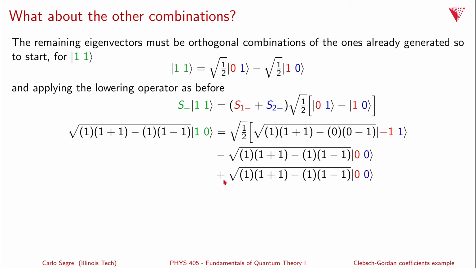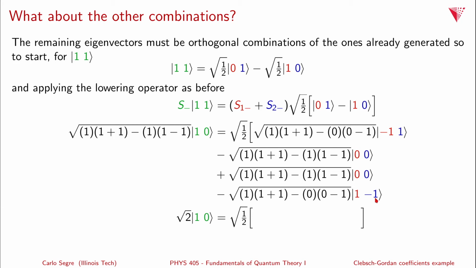Then you get plus square root of 1 times 1 plus 1 minus 1 times 1 minus 1, state 0, 0 again, and now you have plus and minus in these two. And then you get a final state where you have minus square root of 1 times 1 plus 1 minus 0 times 0 minus 1, and the state 1, minus 1 is multiplied times that.